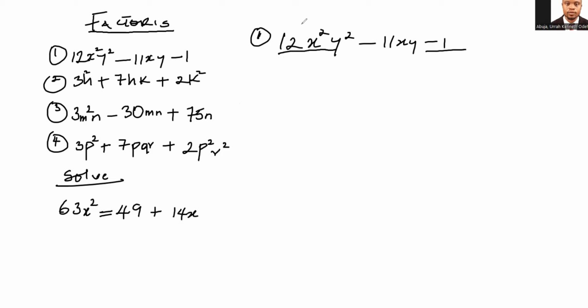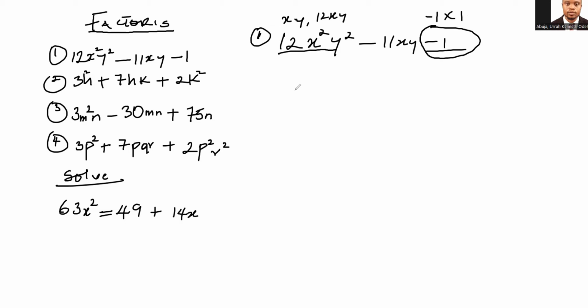All right. So the factors of this particular term, 12x squared y squared, are basically xy and 12xy. Now, the factor of this, minus 1, is minus 1 multiplied by 1, which gives us exactly minus 1.